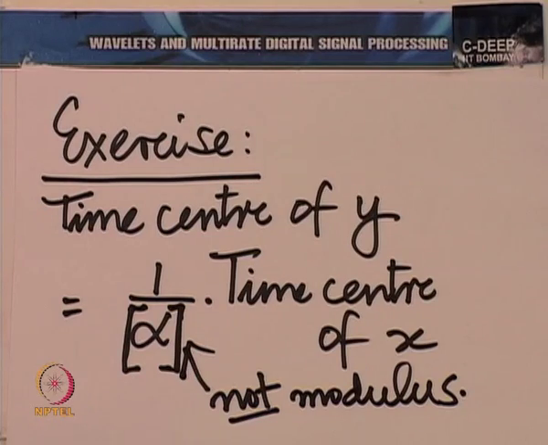So, for example, I will take the example of alpha equal to minus 1. If alpha is minus 1, then the time center is also reflected. So, if the time center of x was t 0, the time center of y becomes minus t 0. So, it is not mod alpha, it is just alpha. Sometimes simple intuitive reasoning can also clarify certain points for us.